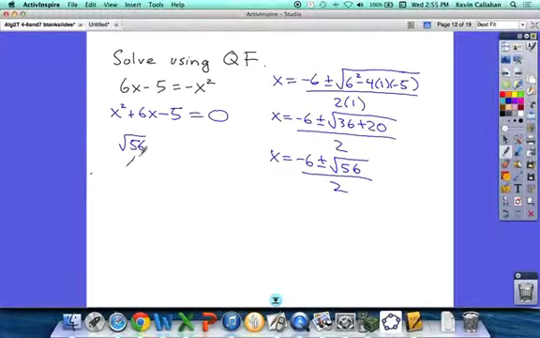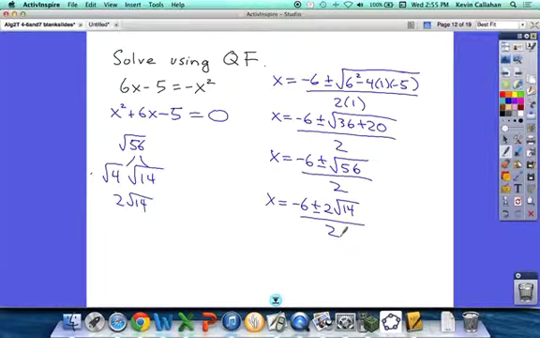We will break up the 56 into 4 times 14, because we can simplify part of that. What's the square root of 4? 2. Right, so that's 2 times the square root of 14. So we're going to replace it here. This becomes X equals negative 6 plus or minus 2 times the square root of 14, divided by 2.